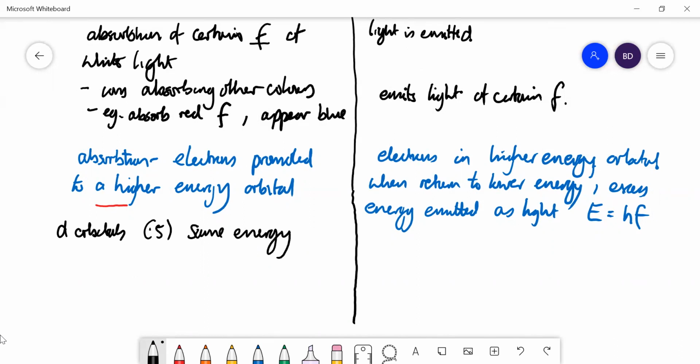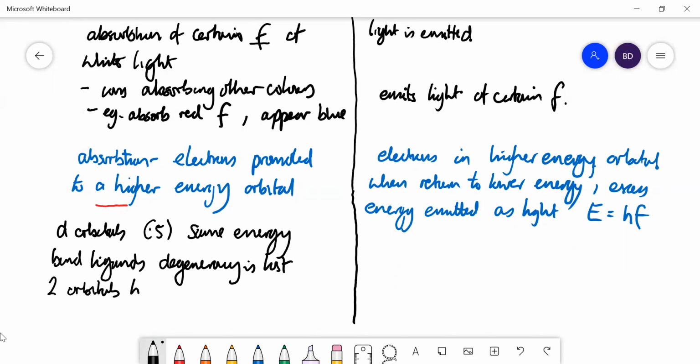But when you bind ligands, this so-called degeneracy is lost. When they bind ligands, the degeneracy of the orbitals is lost. Two of the d orbitals go slightly higher in energy, and 3 go slightly lower.